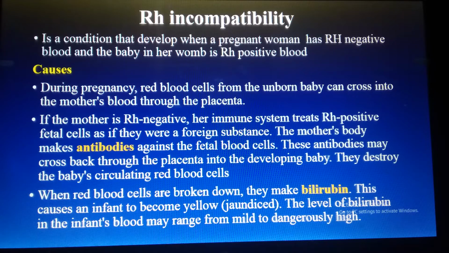The mother is Rh negative and the baby in her womb is Rh positive. Mother is Rh negative, means no Rh factor.